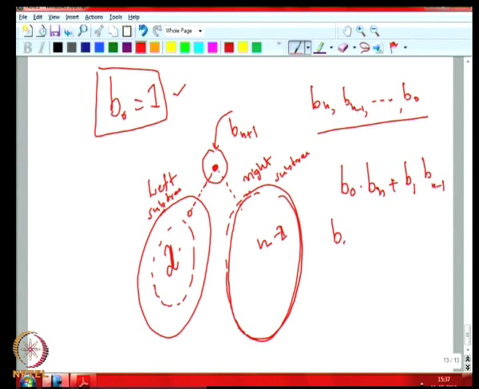So that will be B2 into Bn minus 2 ways. That means these 2 vertices can be arranged in B2 ways here, and these n minus 2 things can be arranged in Bn minus 2 ways here, right. And like that all the way to Bn into B0. This will be the Bn plus 1.